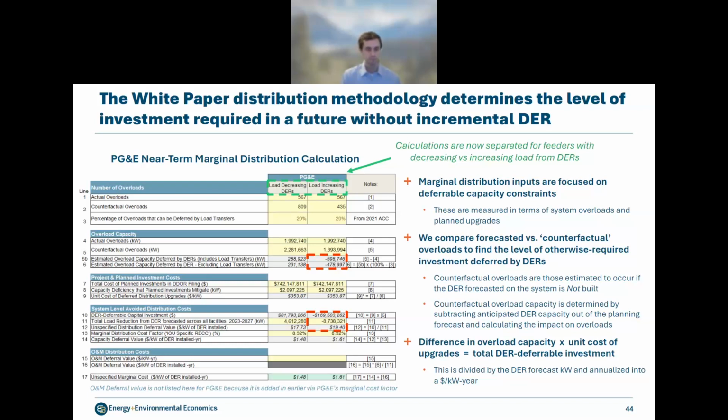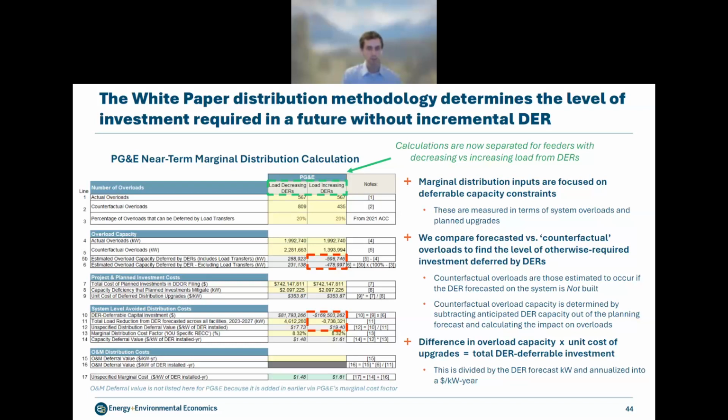So don't you have to take your forecast of DER and make assumptions how that's distributed across the system? Yes, so in the DDOR reports, it is on a facility by facility basis of the forecast. Is that based on historical data on how much DER have been sited on that feeder, or is it just kind of peanut buttered across the whole system?